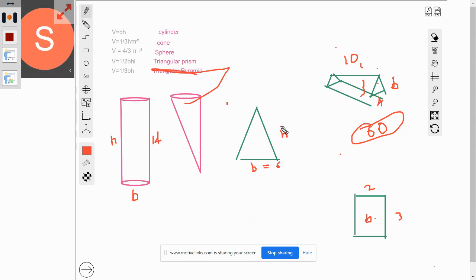And our height. They're going to provide the height for you. So let's say they provide you with the height of 3. So 6, we multiply the base times height, which would be 18.